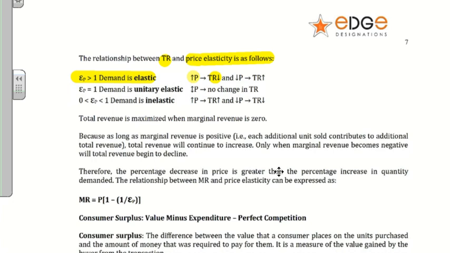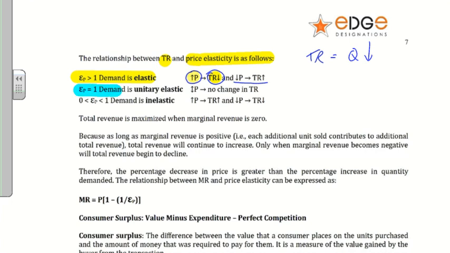Because in my total revenue calculation, it is strongly driven by quantities. When demand is elastic, as prices go up, quantity goes down, and hence revenue goes down as well, and vice versa when prices fall.